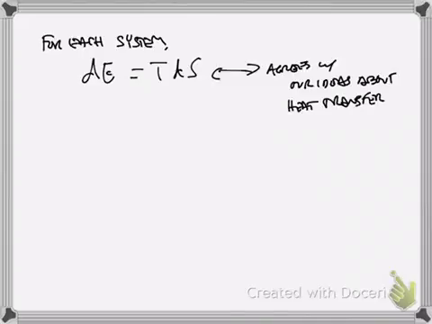From our first law, we basically said that you can have the energy coming from the heat or from the work, and this says that this is what the heat transfer part looks like. Okay?